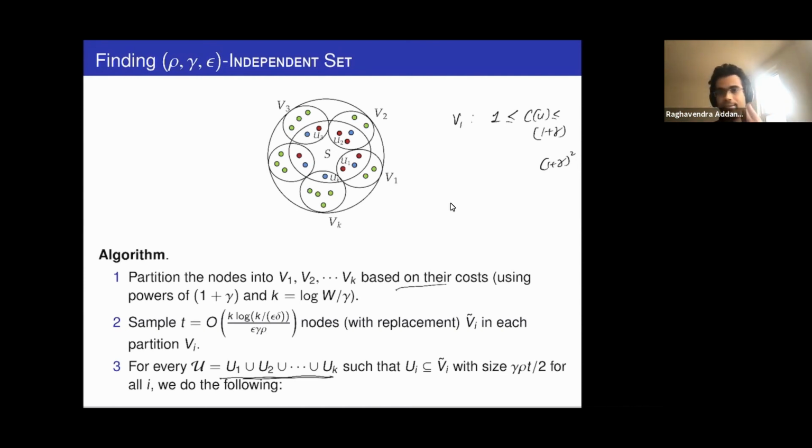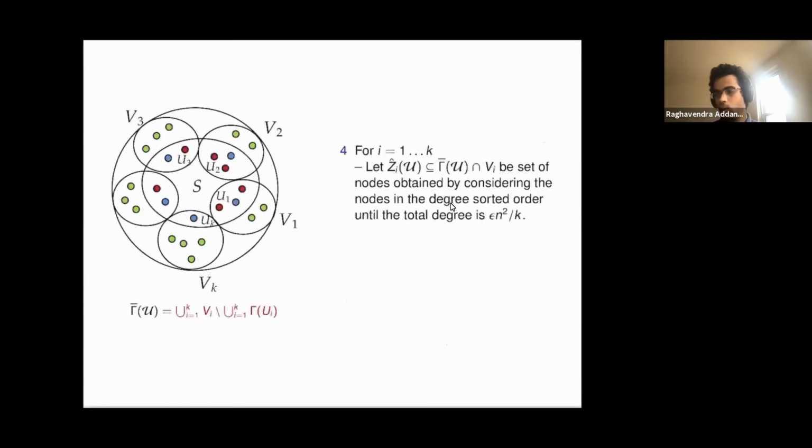Once you have picked subsets from each partition among the sample set of nodes, we once again construct this. This is our S, and from each partition we have picked these red nodes. From these red nodes, we construct the tau bar of U, which is all nodes which are not adjacent to these red nodes.